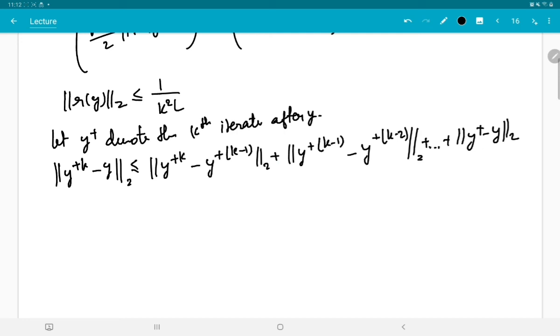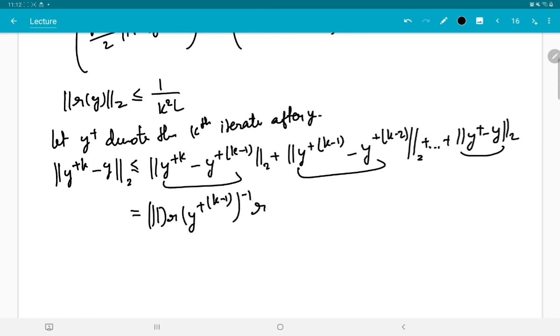And now these terms have a meaning in terms of the derivative, which is exactly dr of y plus k minus 1 inverse times ry plus k minus y 1. This comes from the definition of the residue.